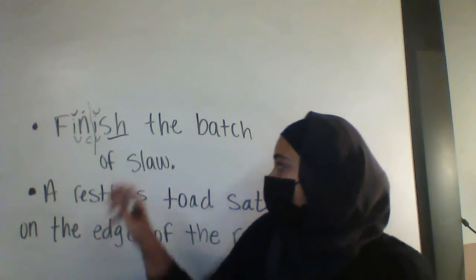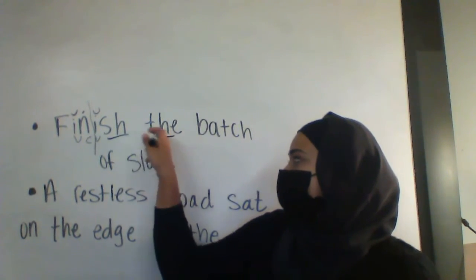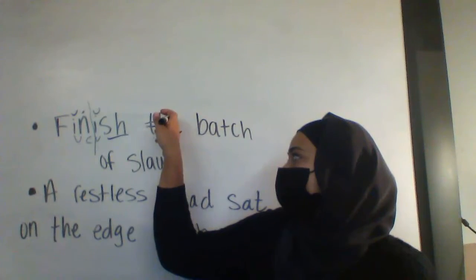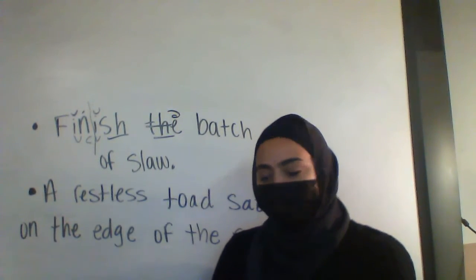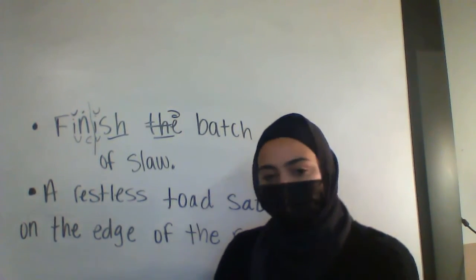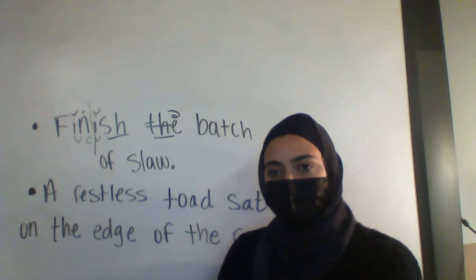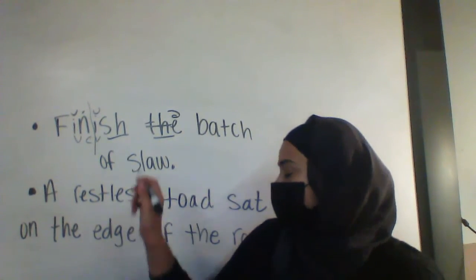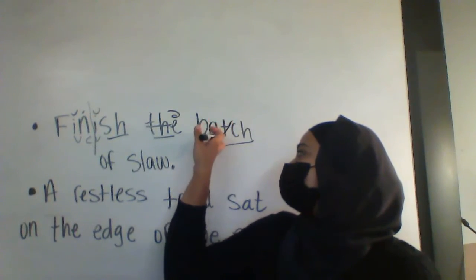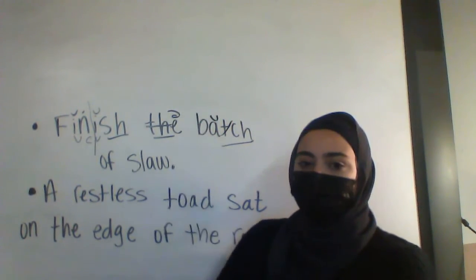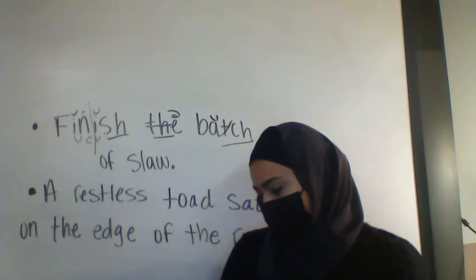Finish. The is easy. Just underline CH. It's voiced, and then you put a squaw. Batch. Haney, how do I code batch? Underline trigraph TCH. Cross out the T. And put a breathe on the A.